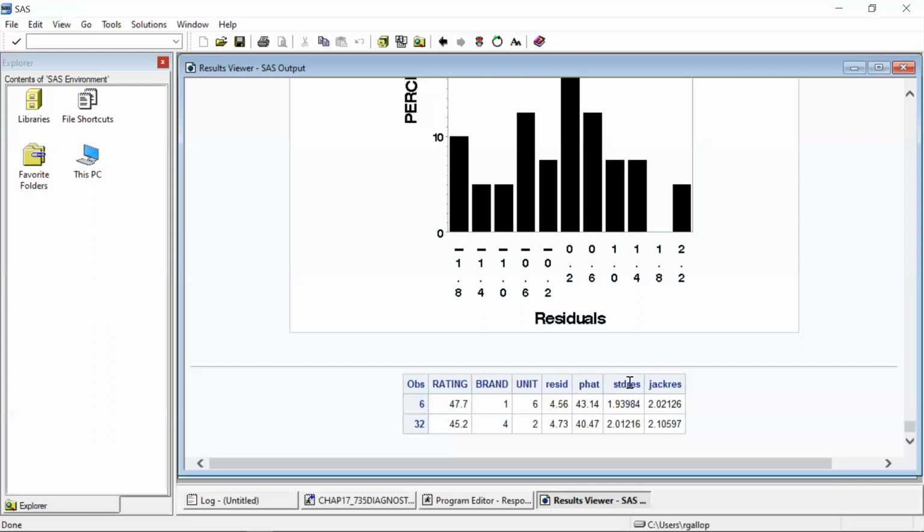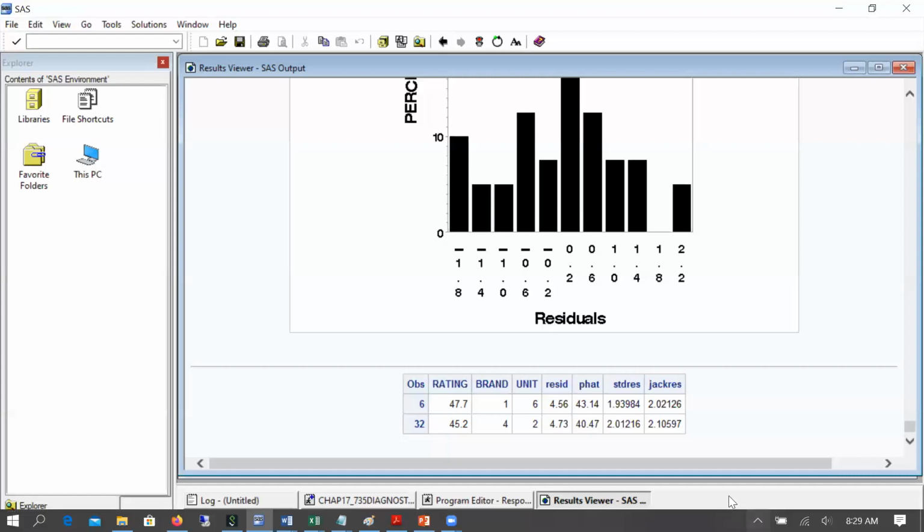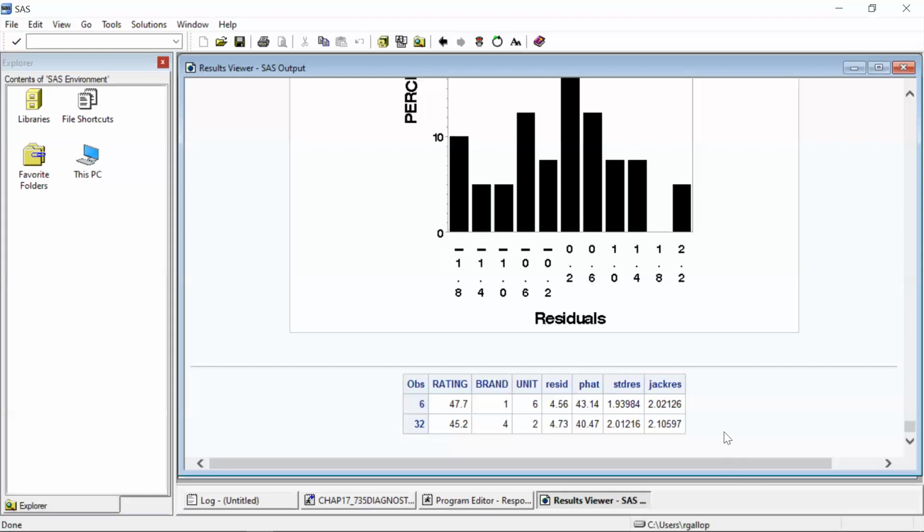So if the rating scale was from 0 to 100 and this was 147.7, my steps would be two things. Can you fix the data? If you can't fix the data, it's removed, because the data is not accurate and not reliable. But in this case, the data is legitimate. If the data is legitimate, it stays in the model. If the data is not legitimate, that's when you remove it from the model.